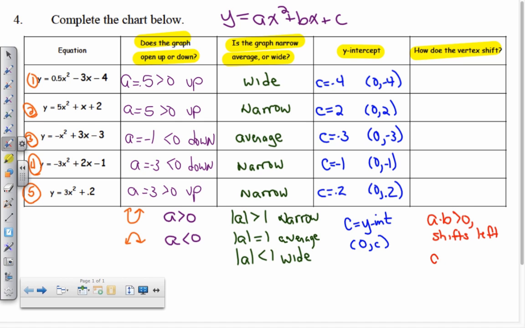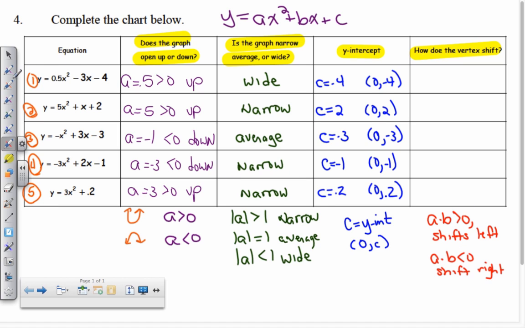And if you have A times B is less than 0, meaning one positive and one negative, up here they would both be negative or both be positive. Down here they're opposite. Then that shift is going to be shifting right. And we can think of that as like your breakpoints. So when we had x minus 3 is equal to 0, we added the 3. The negative 3 actually makes it shift right. Same idea in this case.